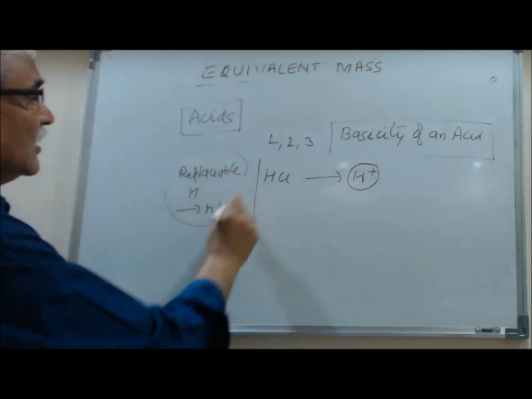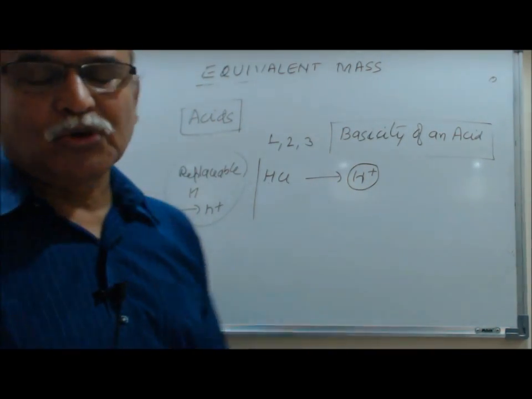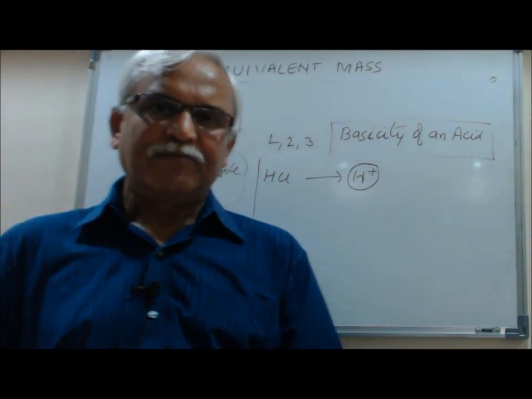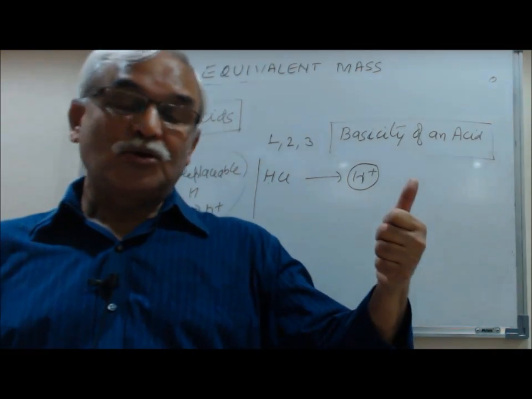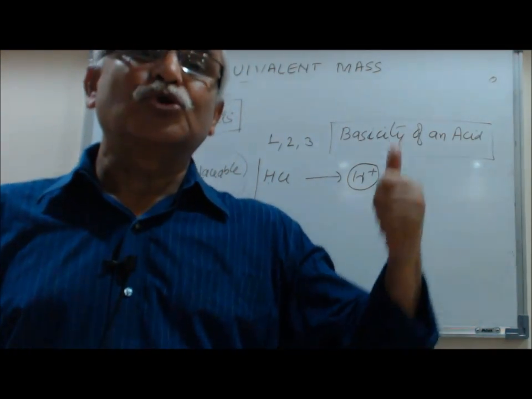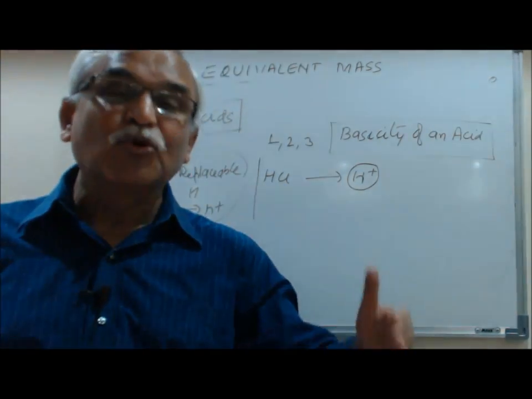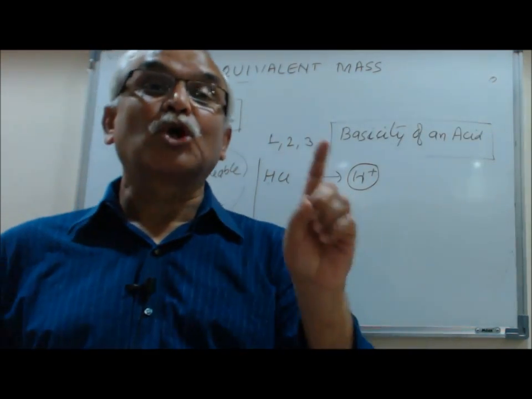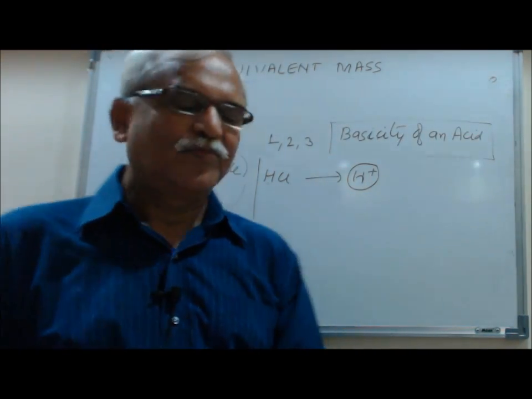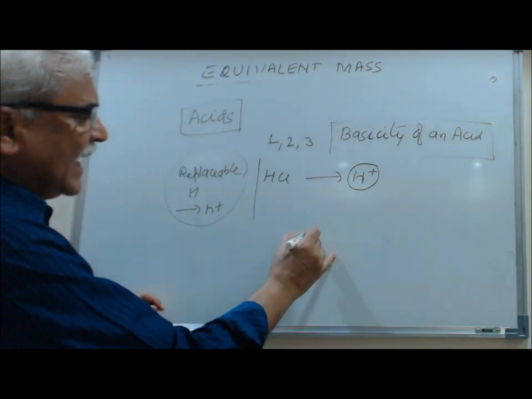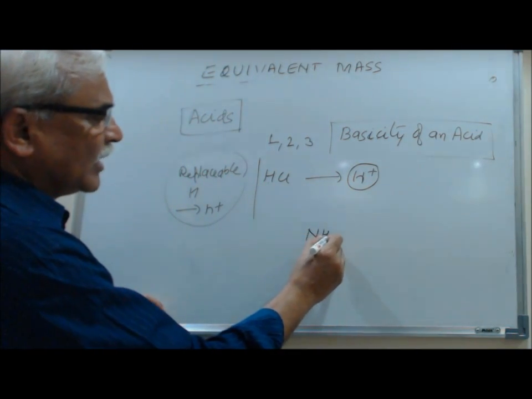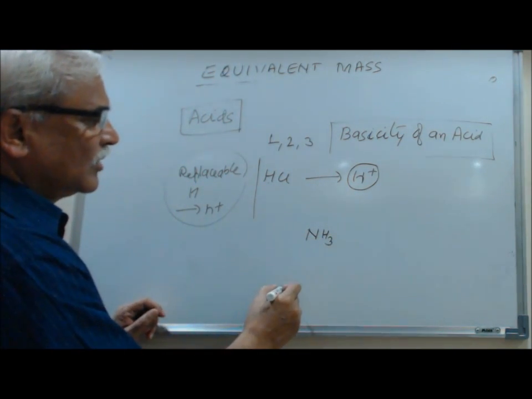Very, very important. So at the moment we are talking about only those acids from which hydrogen can be replaced, and the replaced hydrogen should be capable of going out in the form of proton. We can replace hydrogen from ammonia. Yes or no?